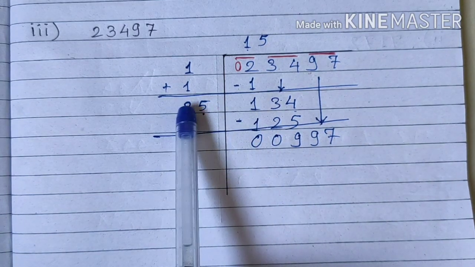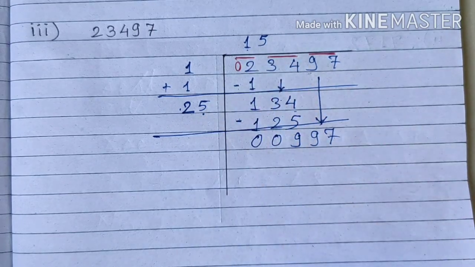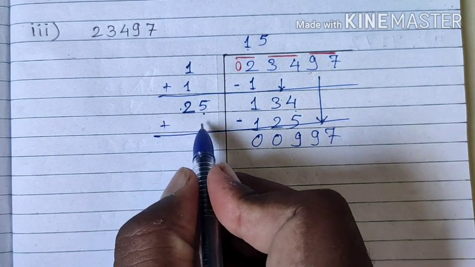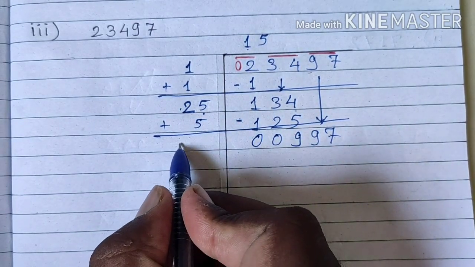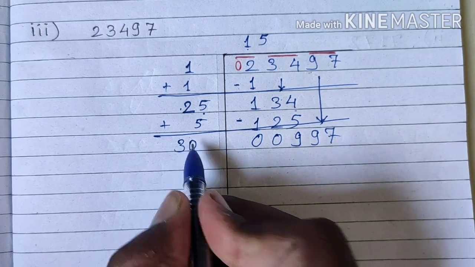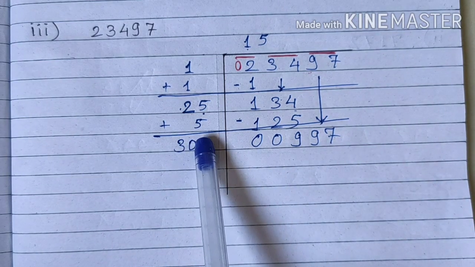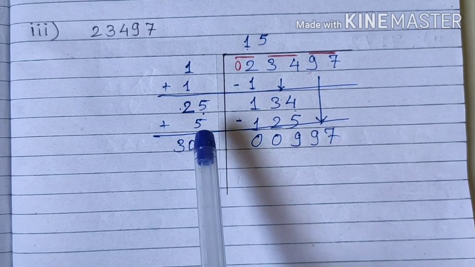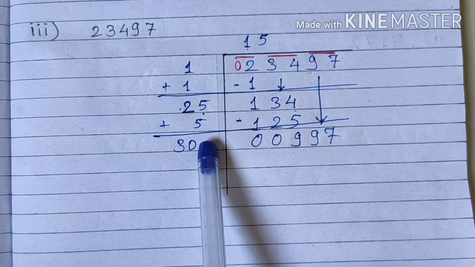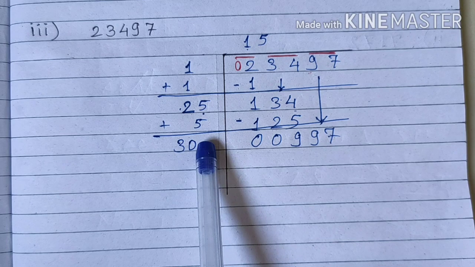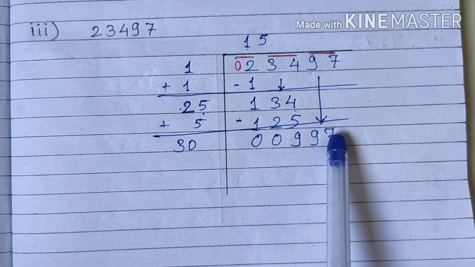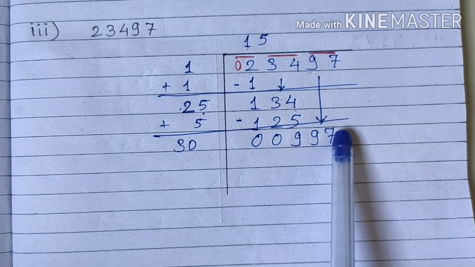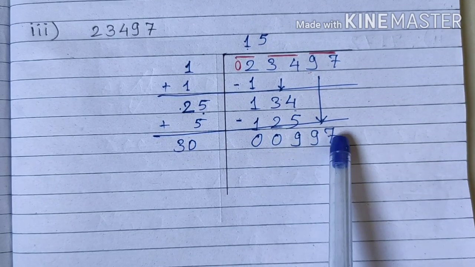Now what do we have to do here? 25 plus 5 gives us 30. Now here we have to put such a number that by multiplying with the same number we get a number near to 996.